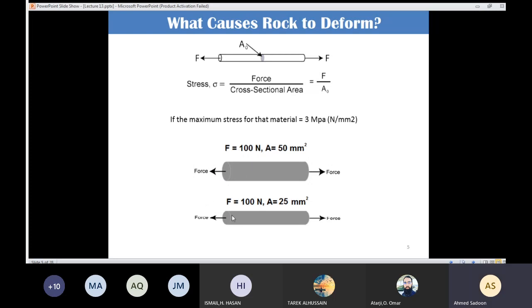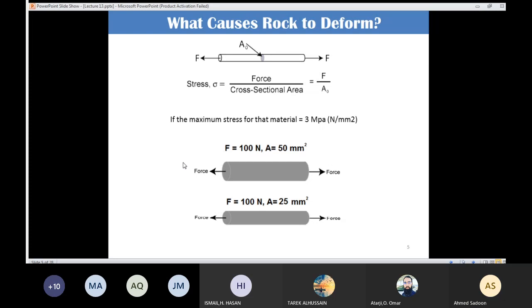In rod 2, we have the same force, which is 100 Newton. In rod 1, the area equals 50 millimeter square, while in rod 2, the area equals 25 millimeter square. So we have the same force, but a different cross-sectional area.